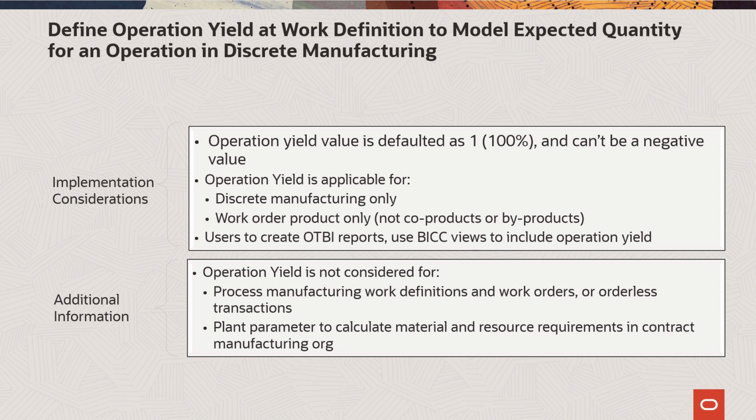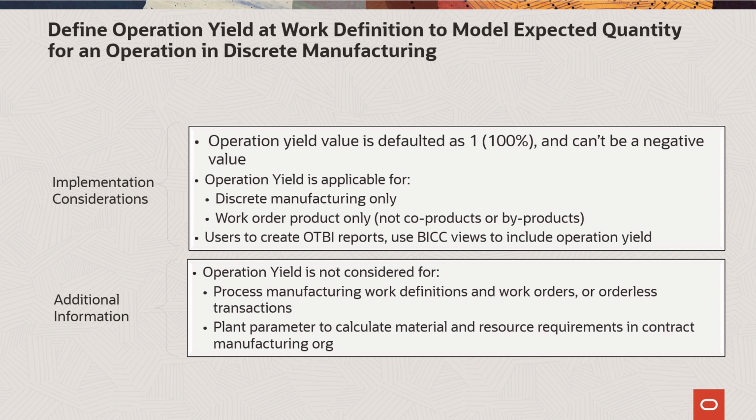Some considerations when using this feature are: operation yield value is defaulted as 1, that is, 100%, and can't be a negative value. Operation yield is applicable for discrete manufacturing only, applicable for work order product only, not for the co-products or byproducts. Users can create OTBI, Oracle Transactional Business Intelligence reports, and use BICC, Business Intelligence Cloud Connector views, to include operation yield.